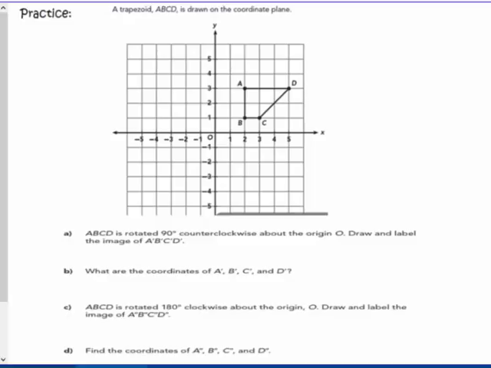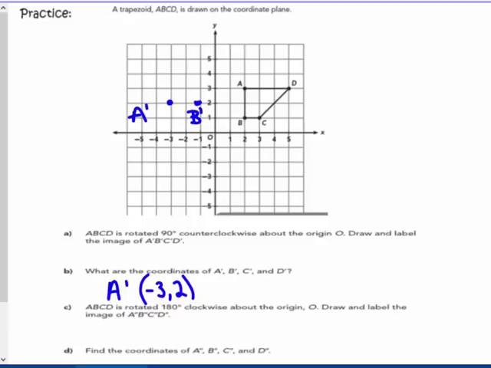So A's image goes to -3, 2. And part B asks to label that. So A's image is -3, 2. So I turned my paper, -3, 2. Oh, suddenly the board is way up. B's image goes to, turning the paper, -1, 2.